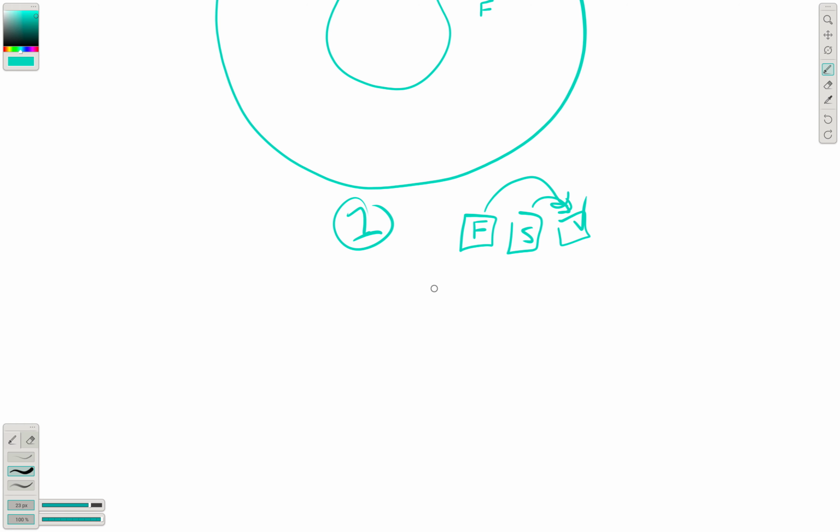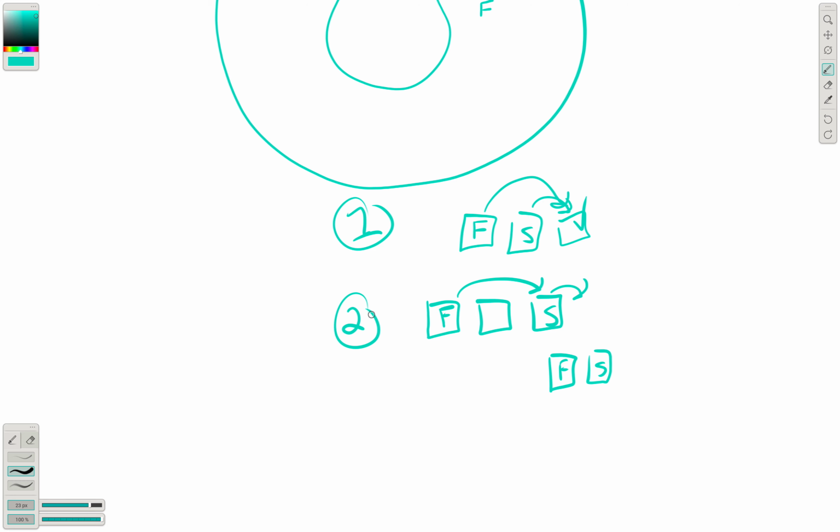Then we have scenario number 2, where we have first and a missing block, or a block in between them, and second. Then what's going to happen is he's going to go here, he's going to go here. So then we get F and S, and then we get to the same situation as number 1.